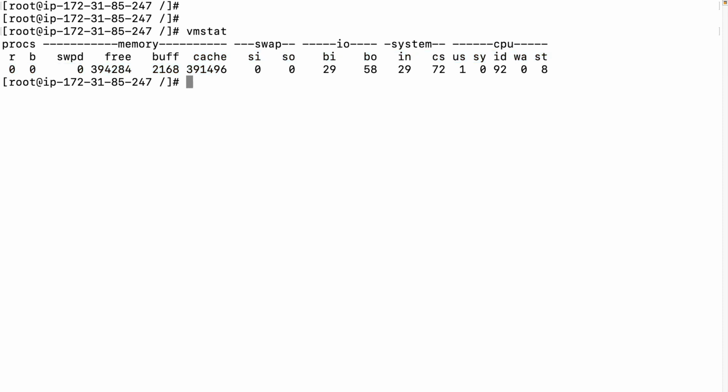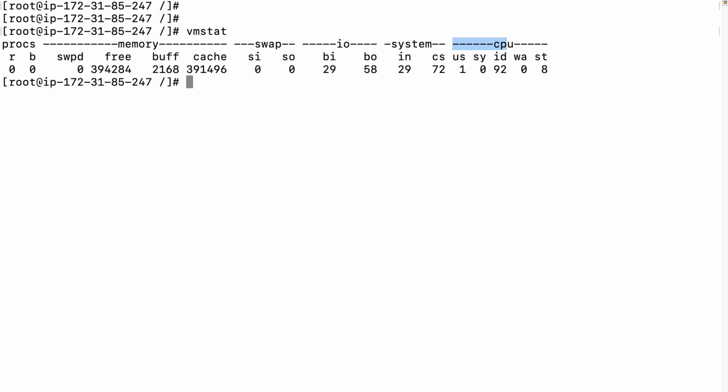Okay, there is no swap in and swap out happening. There is also no input output process running, that we can see. BI is 29, BO is 58, right? Meaning the information coming from the disk to the memory and memory to the disk. Okay, talking about the system, that is the in and cs.